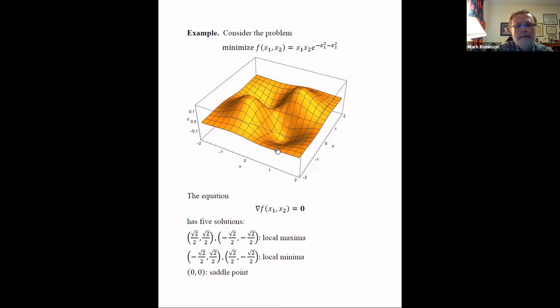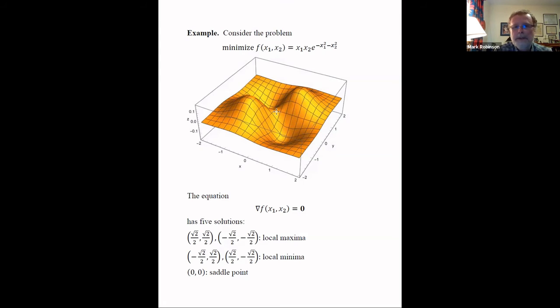These 2 right here, which correspond to these points on the surface, are local, in fact absolute as it happens, maxima, and then you've got a couple of local minima here, and the one in the middle is actually a saddle point. So again, illustrating that a critical point could correspond to a local max, a local min, or neither, just as in the simple one-dimensional case we looked at before.